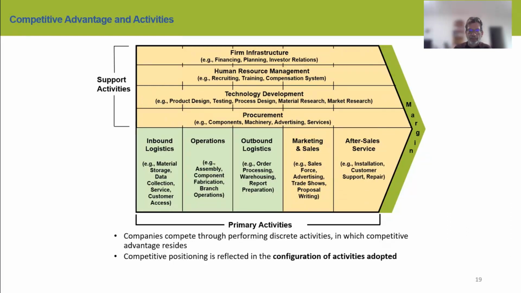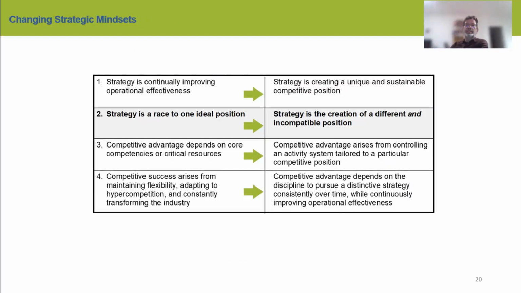The primary activities. So companies compete through performing discrete activities in which competitive advantage resides, and competitive position is reflected in the configuration of activities adopted, so that at the end we have the margin that we want. The strategy is a race, as we said, to one ideal position.